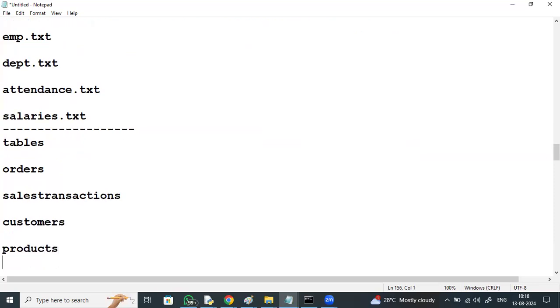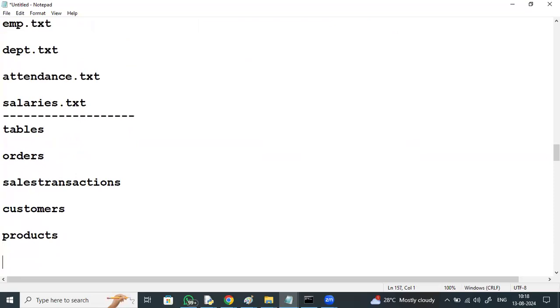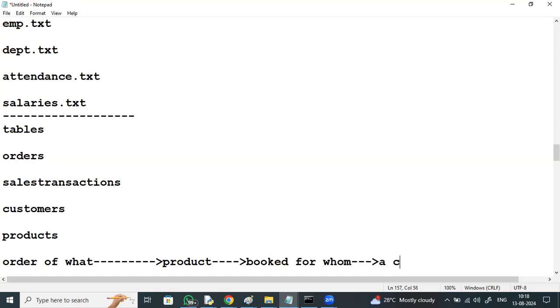Assume we have some tables like this. So here, what is the relationship? An order of what? A product. Booked for whom? A customer.